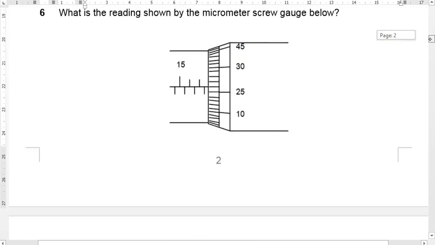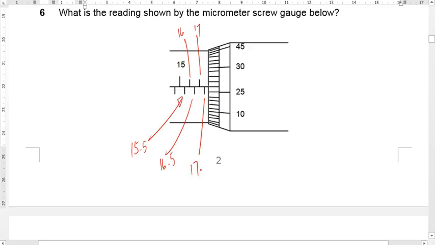Question 6. Micrometer screw gauge. Yesterday I made you guys do this, right? What is this value? 15, 15.5, this is 16, 16.5, 17, 17.5, plus 0 point something.